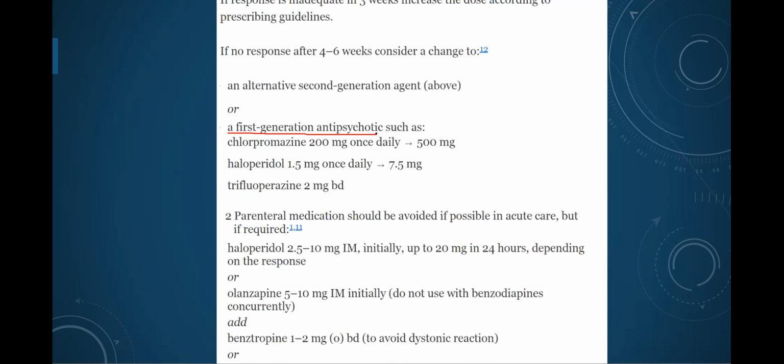All these cause increased risk of extrapyramidal side effects, EPS. So nowadays the preferred medication is the second generation antipsychotic, which is your olanzapine, risperidone, aripiprazole. So if you want to start antipsychotic, you have to start with olanzapine or risperidone as a first line treatment.